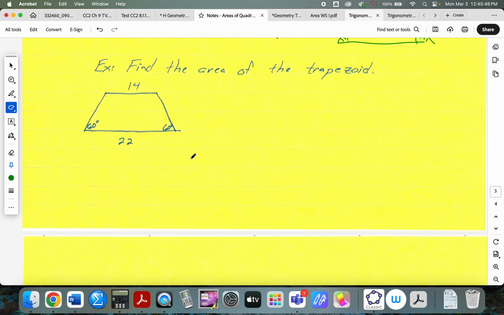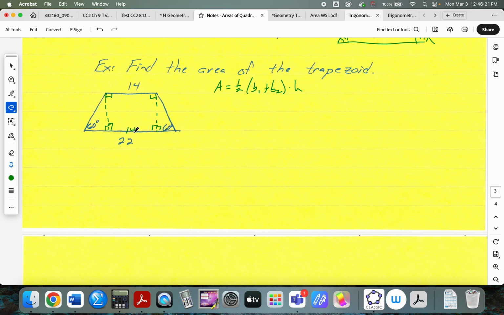So here we want to find the area of this trapezoid. We know that the area is equal to 1/2 the sum of the two bases times the height. We quickly realize we don't have the height. So I'm going to drop in an altitude on both sides, which creates a rectangle in the middle and two 30, 60, 90 triangles on the ends.